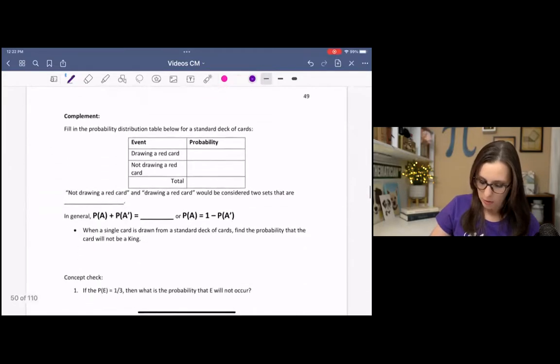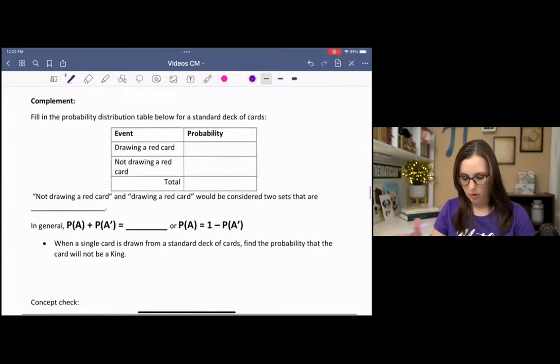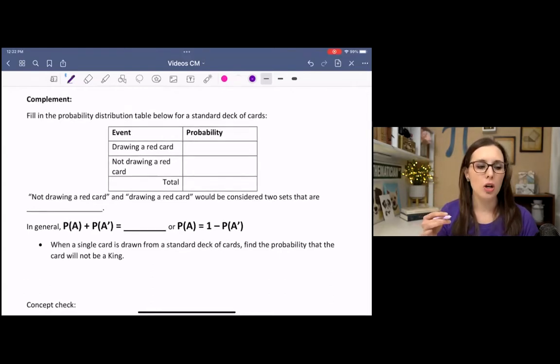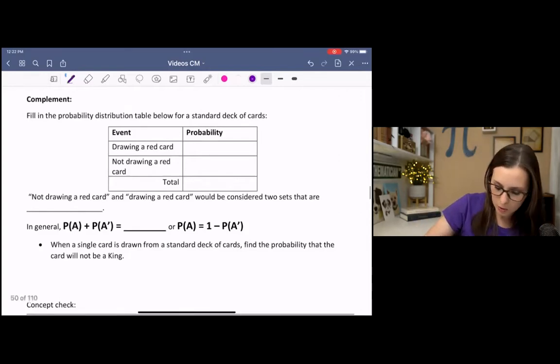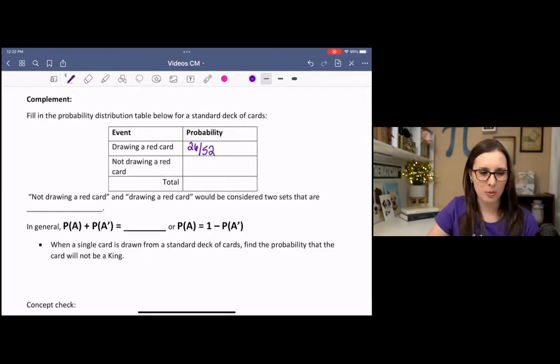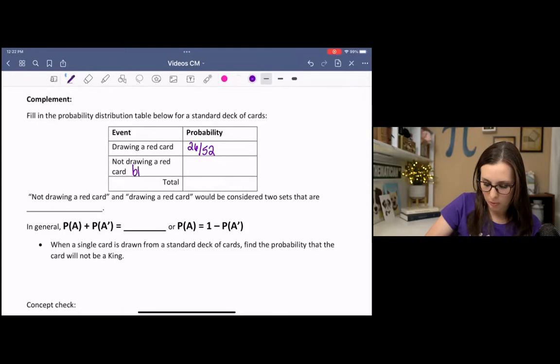So let's look at the complement and the word not. Fill in the probability distribution table for a standard deck of cards. The probability of drawing a red card: we found that there were 26 red cards out of 52. I'm going to leave it non-simplified for now because it's going to work out in the end. Not drawing a red card means you're drawing a black card, and there are 26 out of 52, for a total of 52 out of 52, which is 1.